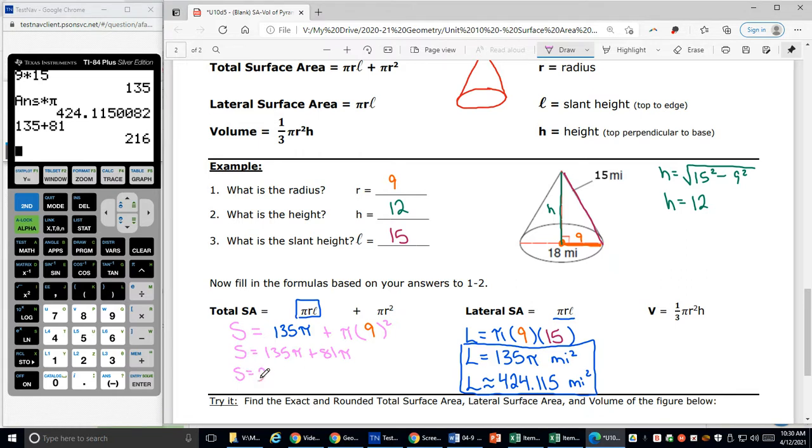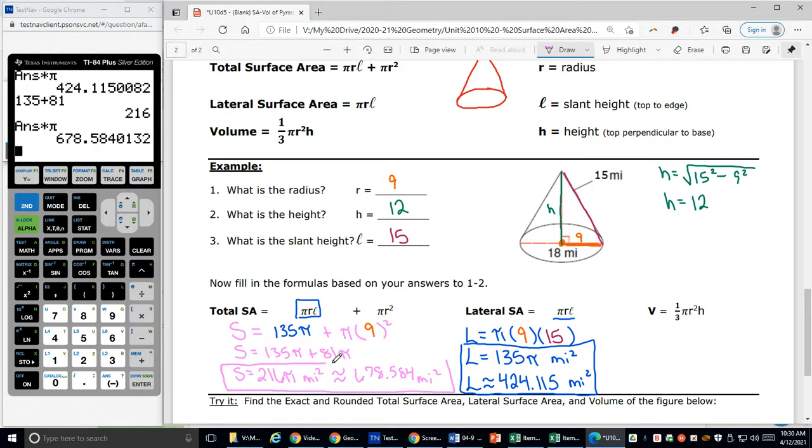It is 216 pi's, miles squared, which is approximately, times pi, 678.584 square miles. Both of these are good answers. One is exact, one is approximate. Okay, 216 pi square miles or 678.584 square miles are the same answers, or similar.